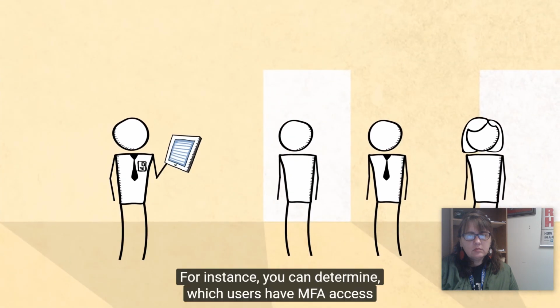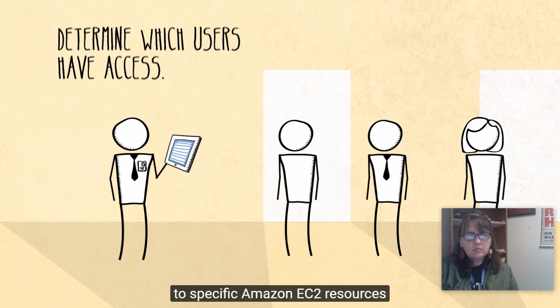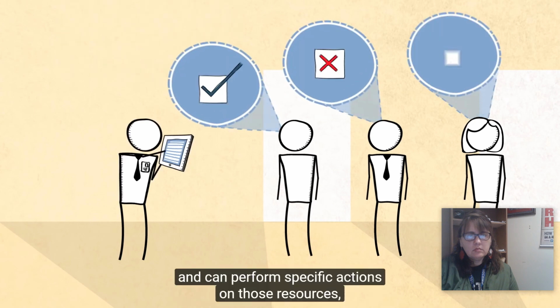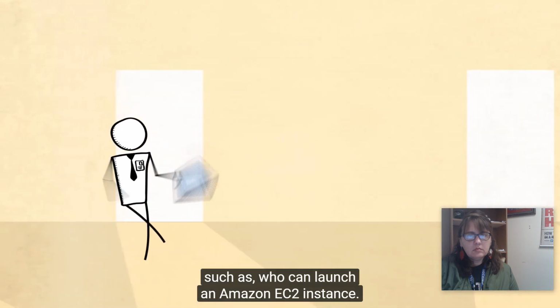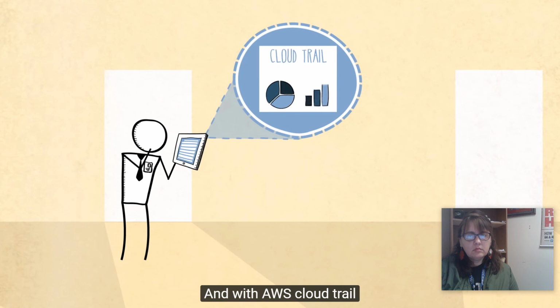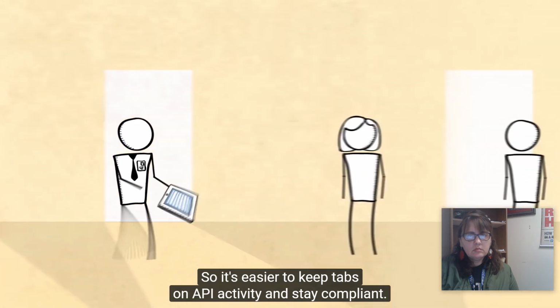For instance, you can determine which users have MFA access to specific Amazon EC2 resources and can perform specific actions on those resources, such as who can launch an Amazon EC2 instance. And with AWS CloudTrail, you can keep logs of these kinds of activities, so it's easier to keep tabs on API activity and stay compliant.